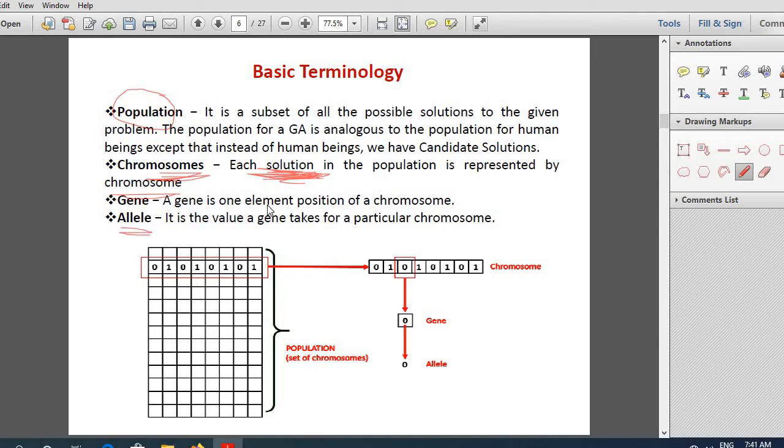So look here. Each row represents one individual in one population. So this is one population or group of individuals. Each individual has some trait which is represented by its chromosome, and in that chromosome each of the elements is called a gene and the value it takes, here it is 0, is called allele.